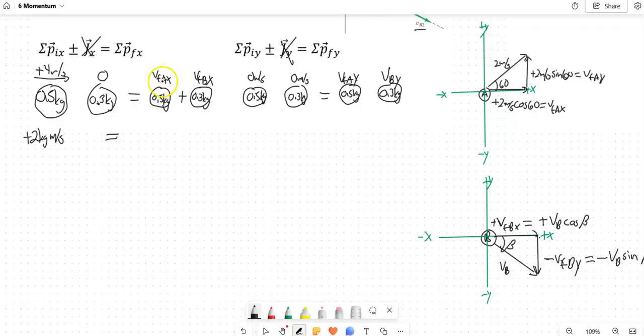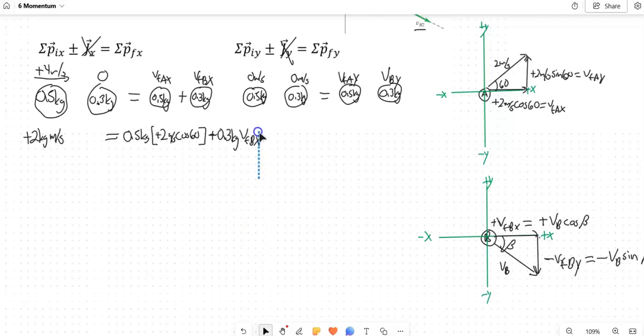This is going to be 0.5 kilograms times V final A X, which is positive 2 meters per second cosine of 60 degrees, plus 0.3 kilograms V final B X.